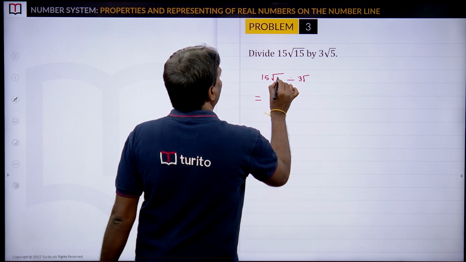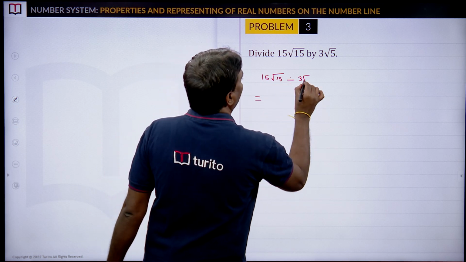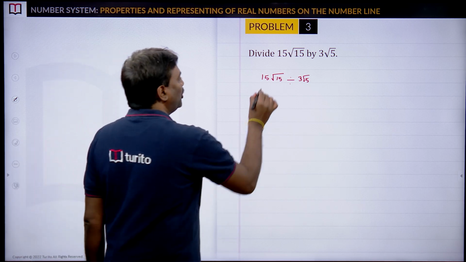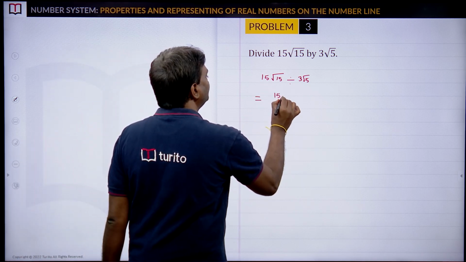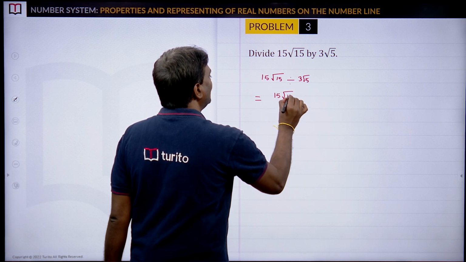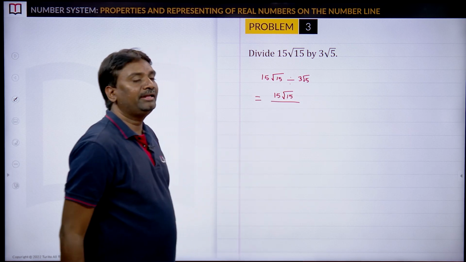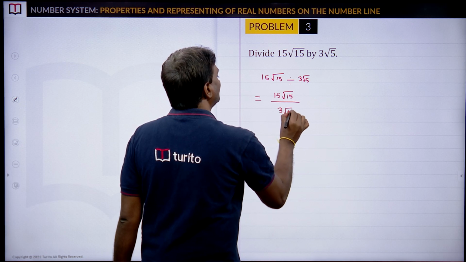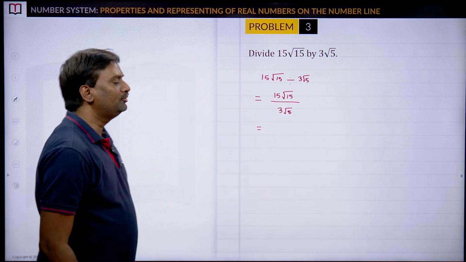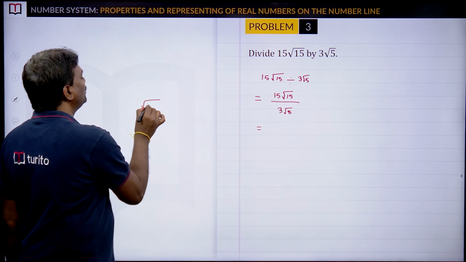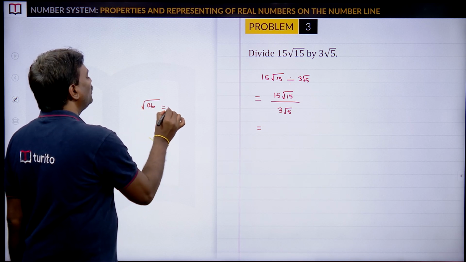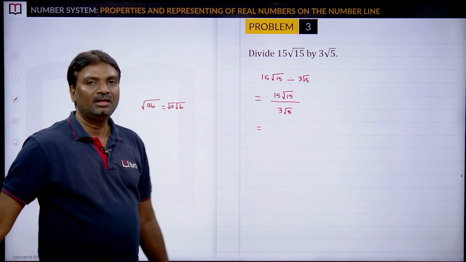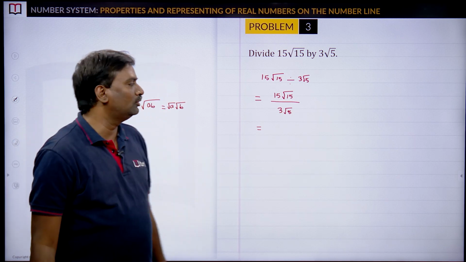Division means we take 15 root 15 in the numerator and in the denominator we write 3 into root 5. Just as I told you, root of a into b equals root a into root b.